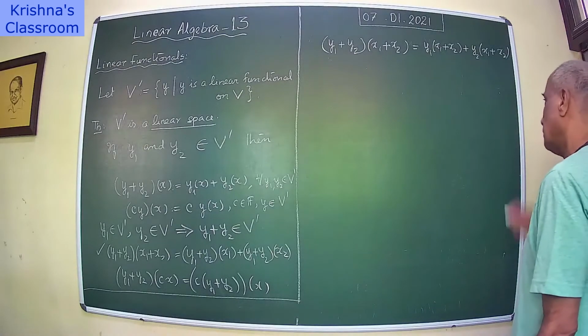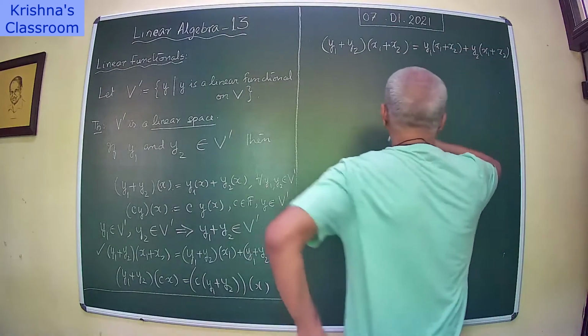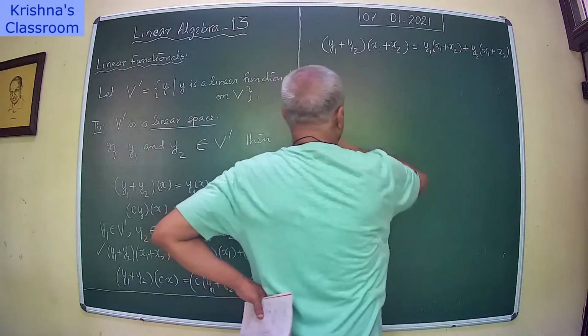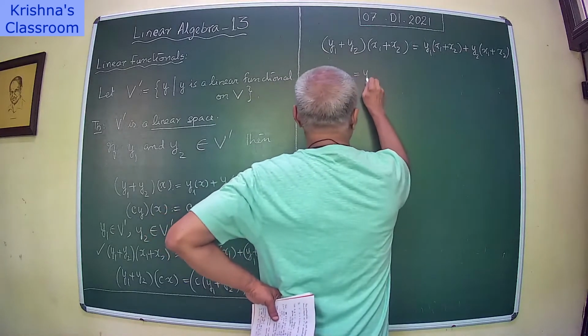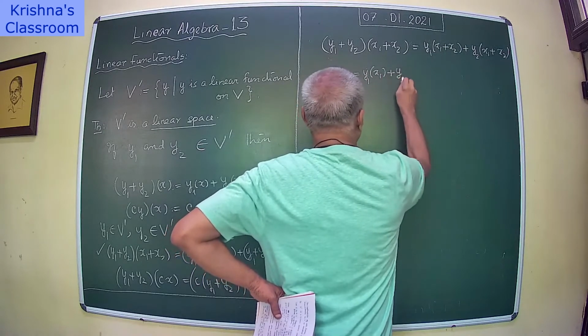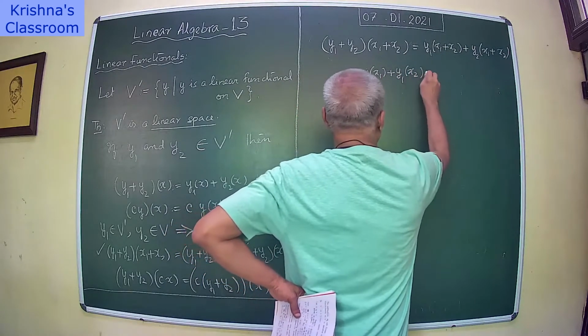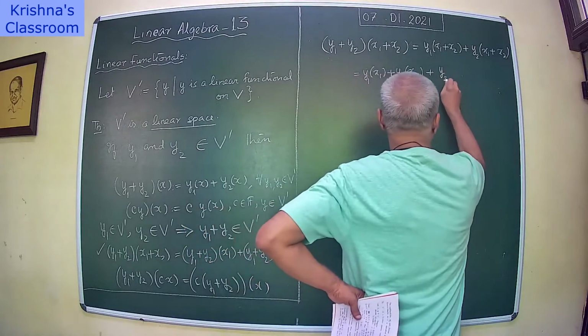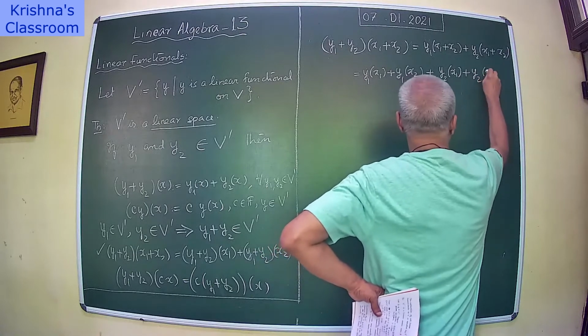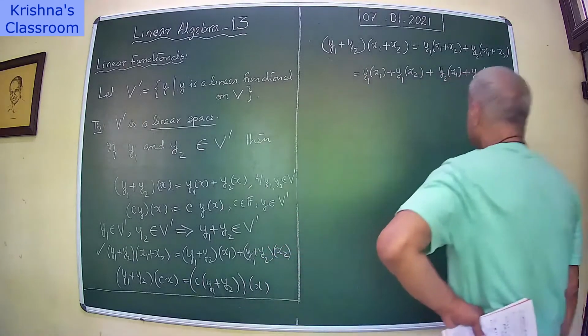Now we apply the fact that y1 and y2 are linear. So that's equal to y1 of x1 plus y1 of x2 plus y2 of x1 plus y2 of x2.